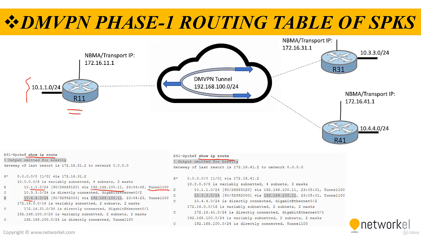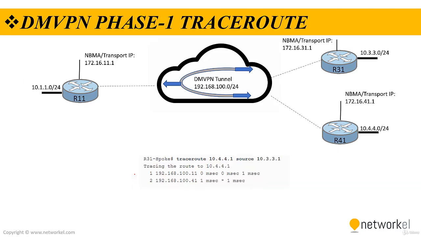And we also have 10.4.40, which is the local area network segment of router 41, and this is also learned via the hub tunnel interface. You can see in here we are learning it also from 100.11, because this is the DMVPN phase 1 and there is no direct communication between the spokes.